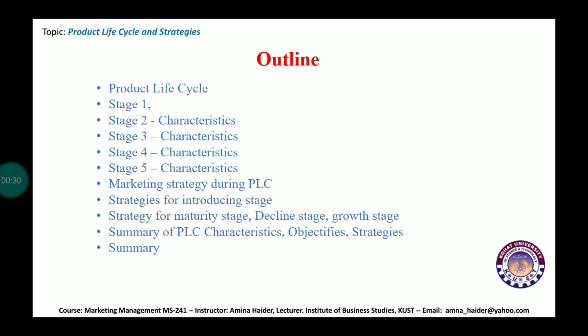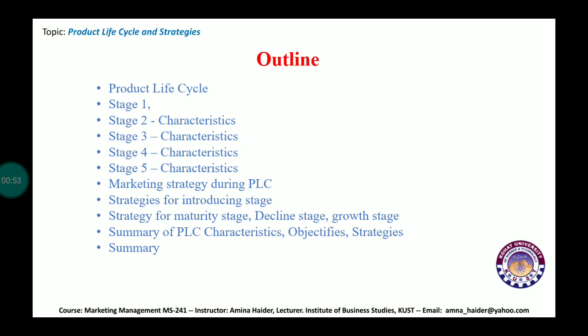Here is the overview of the topics that we are going to cover in today's session. That includes the definition of product life cycle. We are going to discuss the different product life cycle stages and then their characteristics.